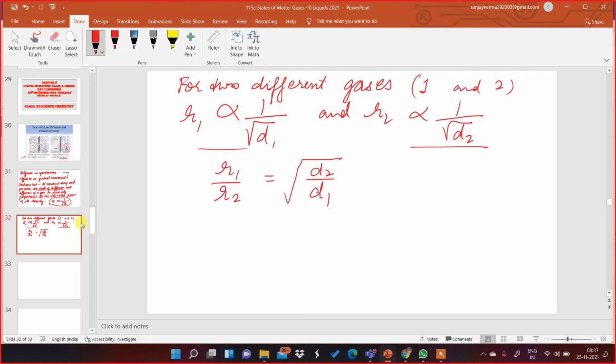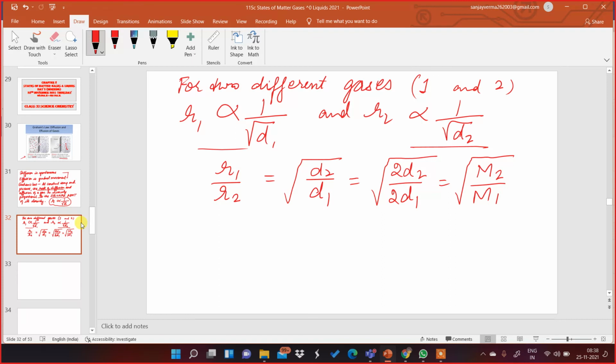Now this is density. Whenever we talk about the density of a gas, we're talking about its vapor density. Twice the vapor density is the molecular mass, so here also twice d1, twice d2. So I can transform this equation into the other form: m2, the molecular mass of gas 2, divided by m1, the molecular mass of gas 1.